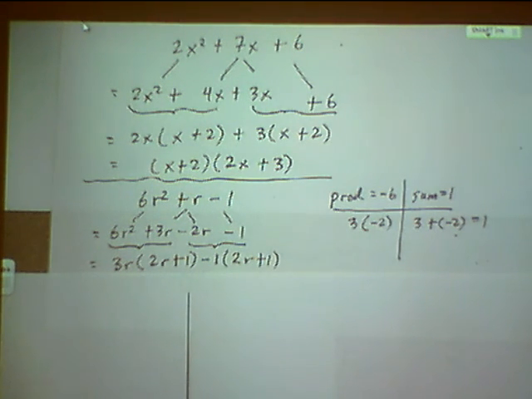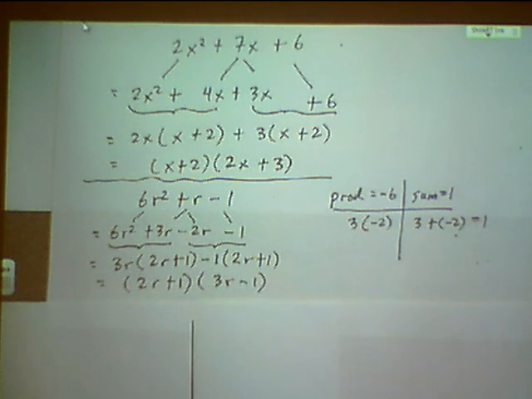So therefore, inside the parentheses is 2r plus 1. And now, since I'm doing factor by grouping, I'm happy that I have the identical parentheses. So you factor out the whole parenthesis, and you end up with 2r plus 1 times 3r minus 1. And now we have factored that trinomial. So now we can factor both kinds of trinomials, whether we have a number in front of the squared term or not.